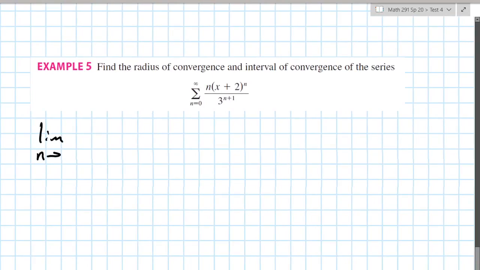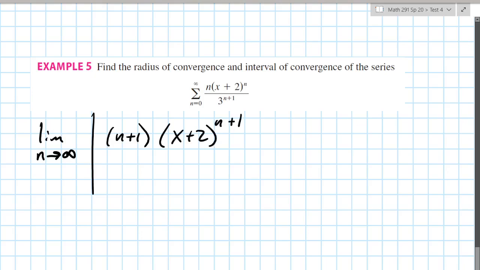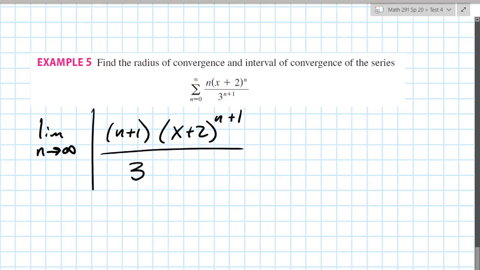The limit as n approaches infinity of the absolute value of (n plus 1)(x plus 2) to the n plus 1 over 3 to the n plus 1 plus 1. I'm going to write it as that instead of plus 2, since I'm going to want to simplify it with some 3 to the n plus 1s.